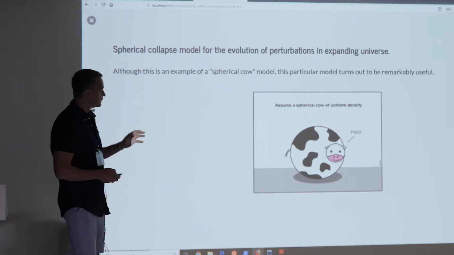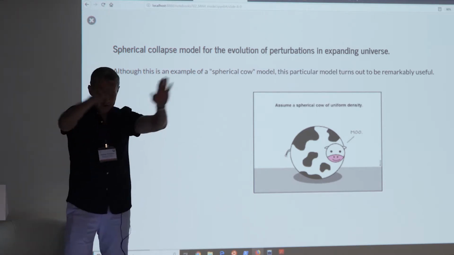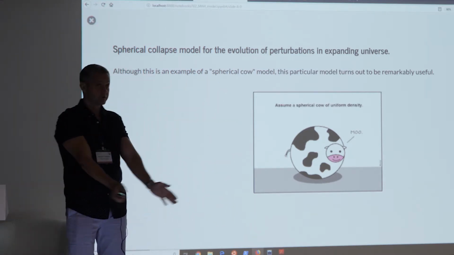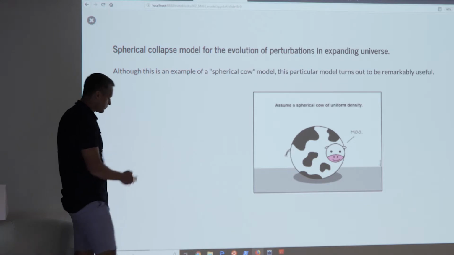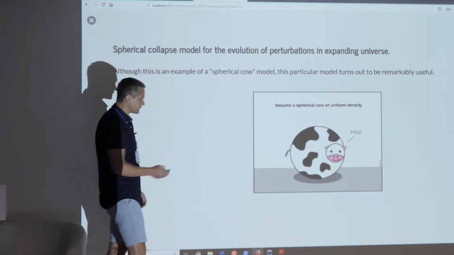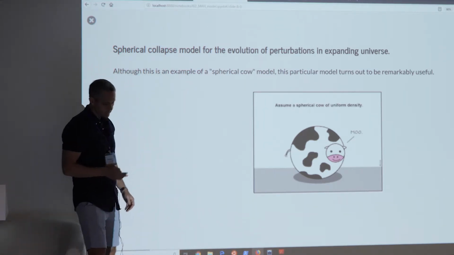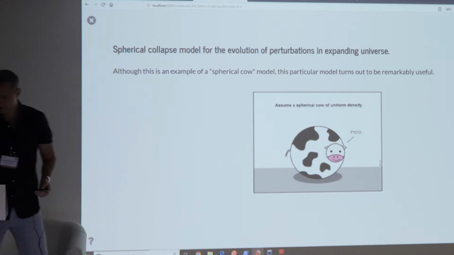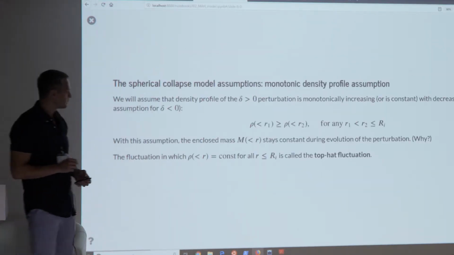So one more assumption in this model, besides the spherical symmetry and the spherically symmetric distribution of matter, is another assumption that we'll make about the density profile, so how densities change.